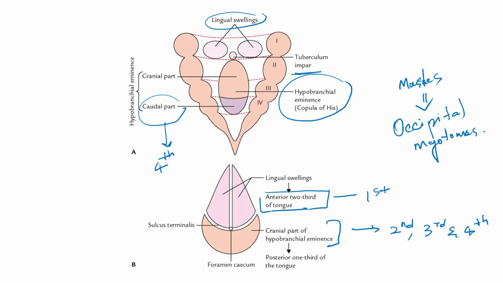The migration of this myotome is carried along with its nerve supply, that is the 12th cranial nerve, the hypoglossal nerve. So this is about the development of the muscles and also the mucous membrane.